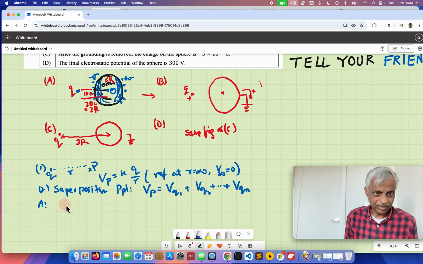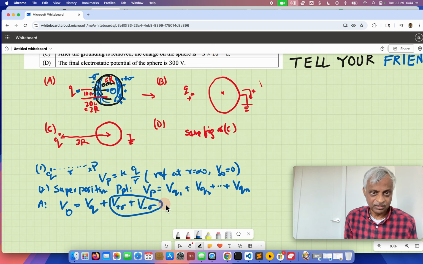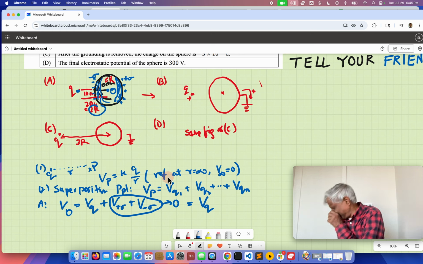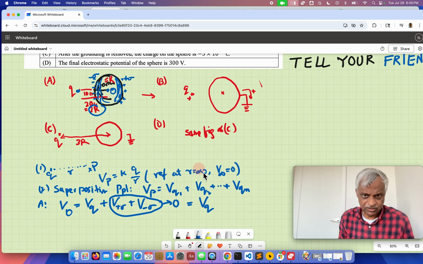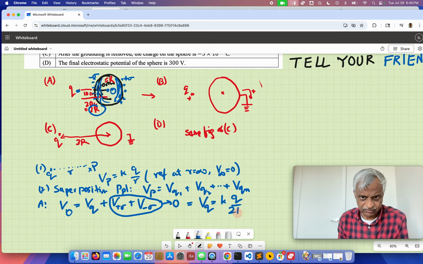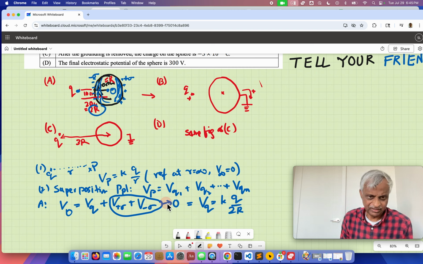And so for A, we have V at O equals V of Q plus V of plus sigmas plus V of minus sigmas, and by symmetry these will add to 0, so just V of the Q, which is a 2r distance away. So using this formula, I'm going to get KQ over 2r, and let's calculate it.